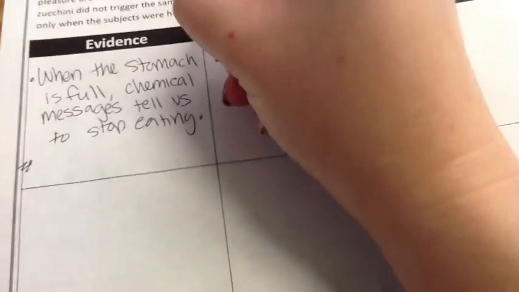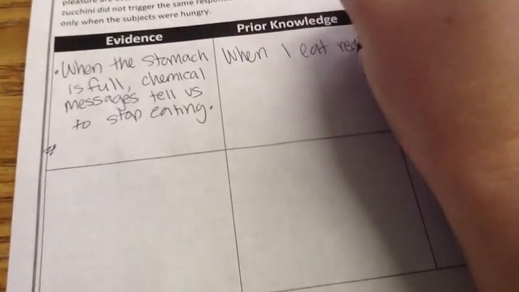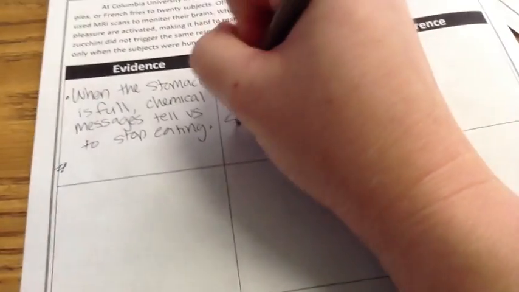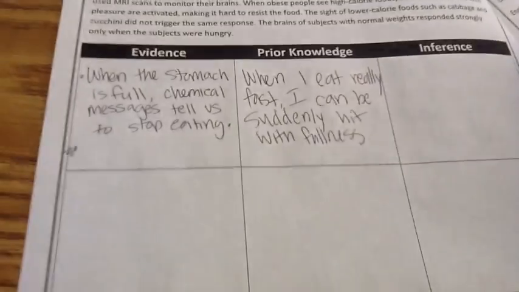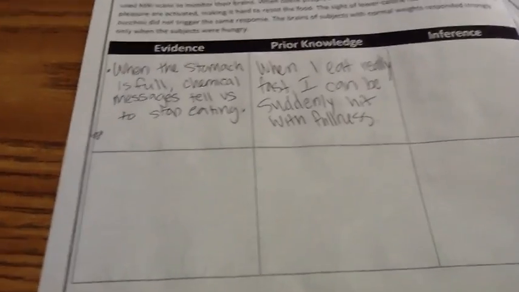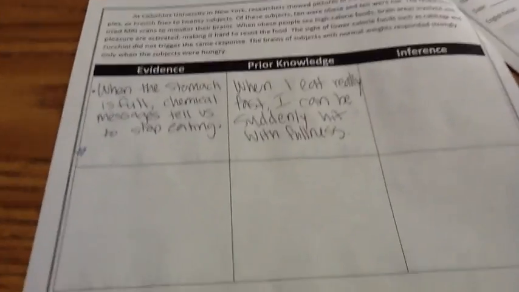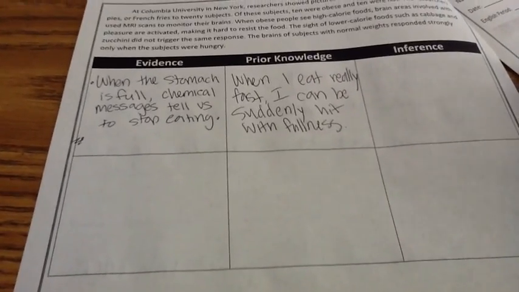I know, for example, when I eat really fast, I can be suddenly hit with a sense of fullness. So I'm eating. I'm trying to eat as fast as I can because my food is so delicious. And then all of a sudden I feel so full, I think I'm going to explode.